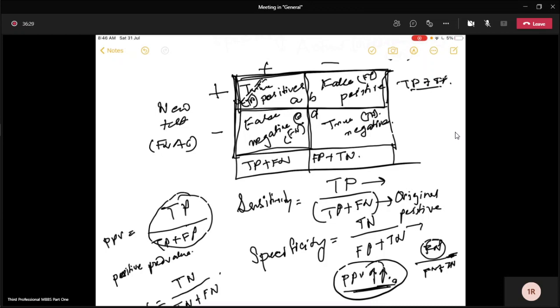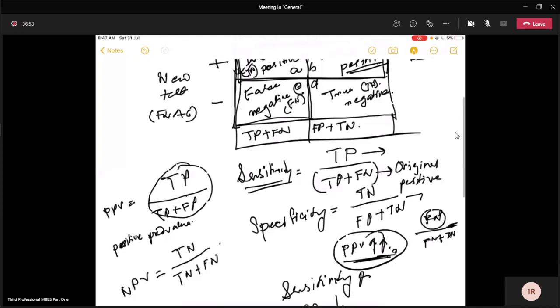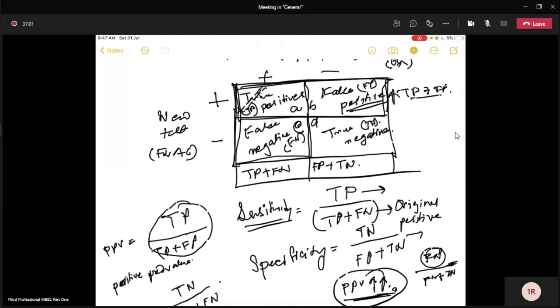Thus the sensitivity of the test will be high, but at the same time the false positives will also be high. So the sensitivity will be high, but the specificity will not be that high. Why? Because if the false positives are high, the true negatives cannot be high.